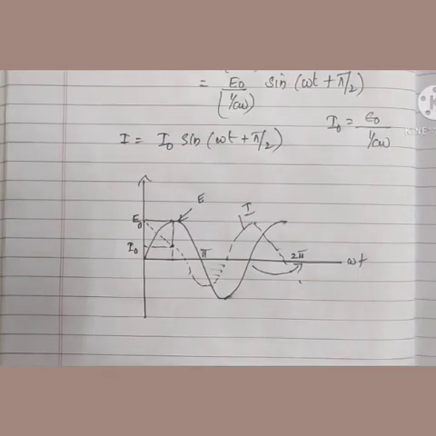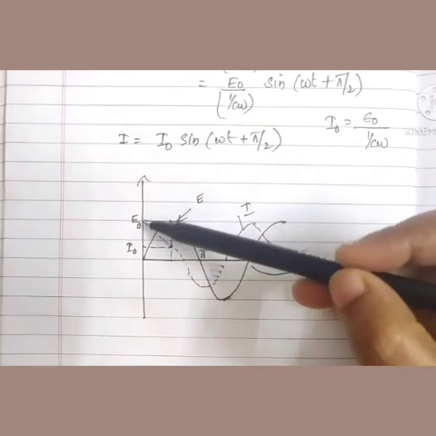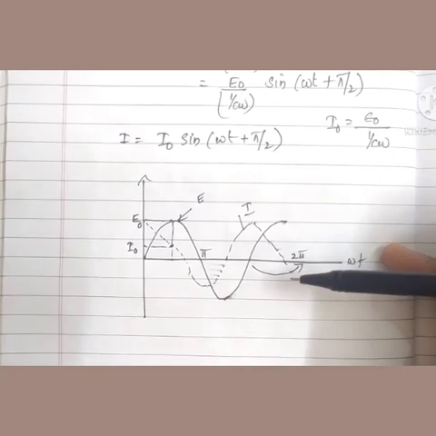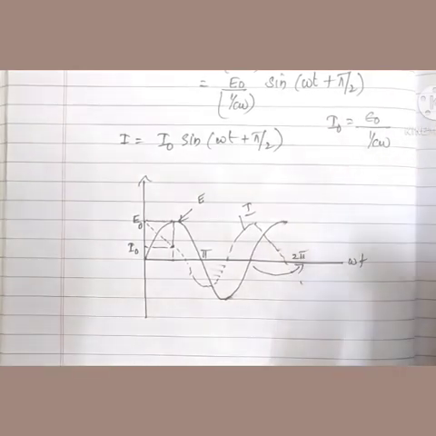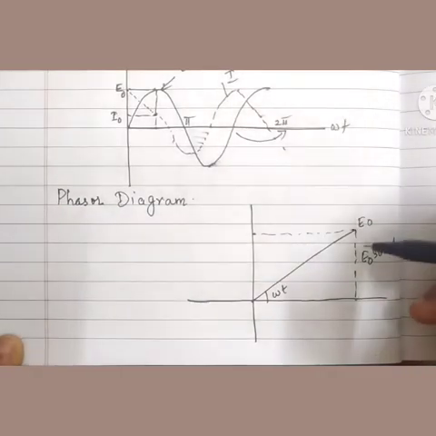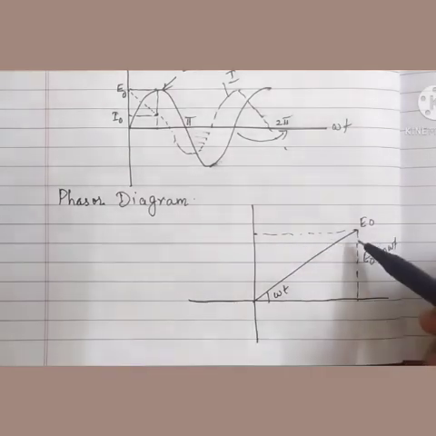So this is the graph in which the current is leading the voltage, right? So it will start from here and that variation can be shown in the graph. Understood?